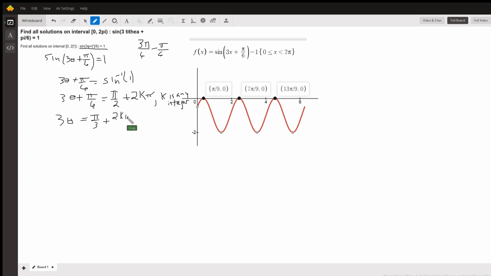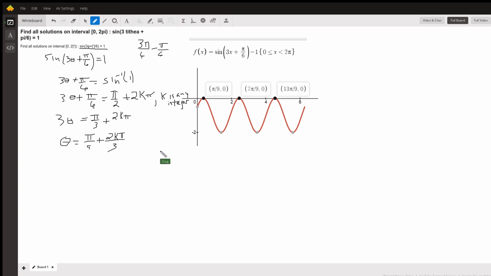And finally, if I divide both sides by 3, I'll isolate what theta is. So here I have to divide both terms by 3. So here I'll get pi over 9, and I'll get plus 2k pi over 3, k any integer.